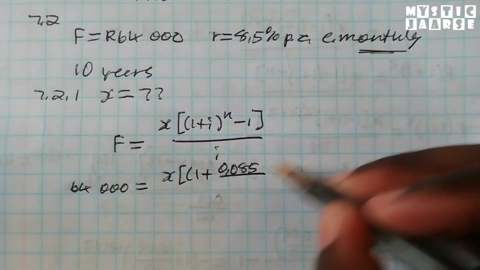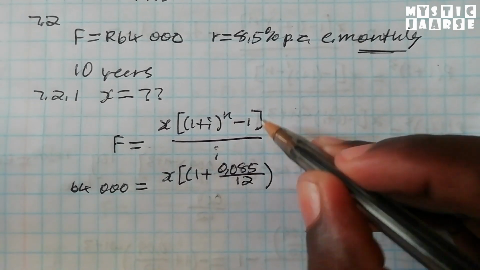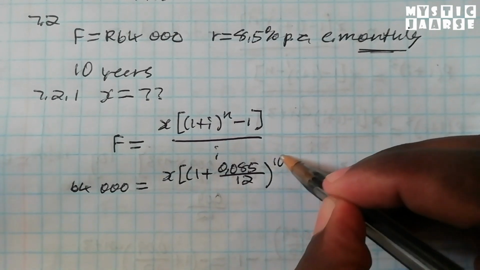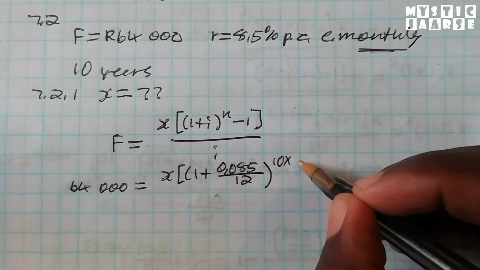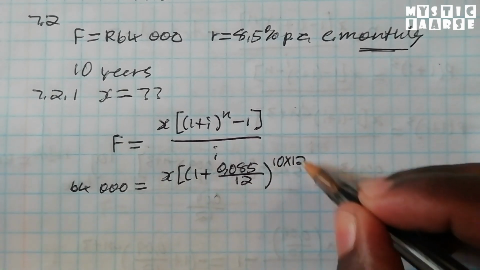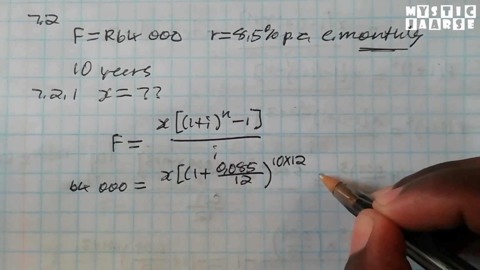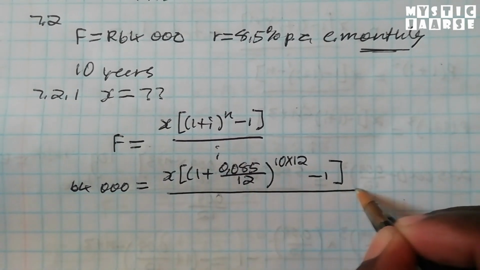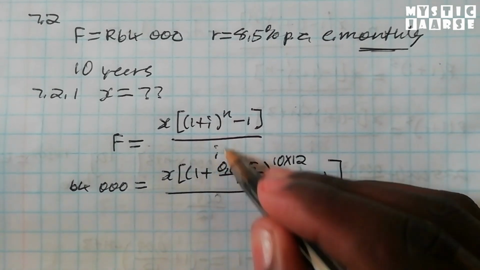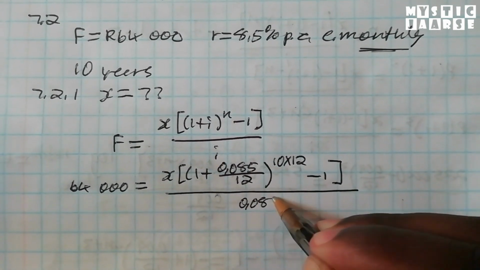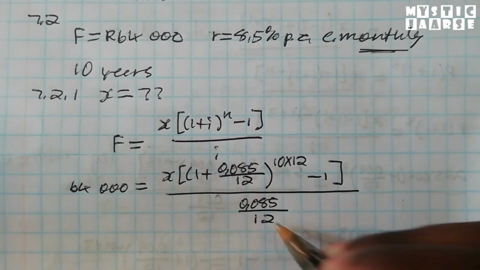It is compounded monthly, so we divide by 12, to the power of number of years, 10, times number of months per year. We have 12 months in a year, so the total number of payments is 120, minus 1, close, all divided by interest rate as a decimal, it's 0.085 divided by compounding frequency 12.